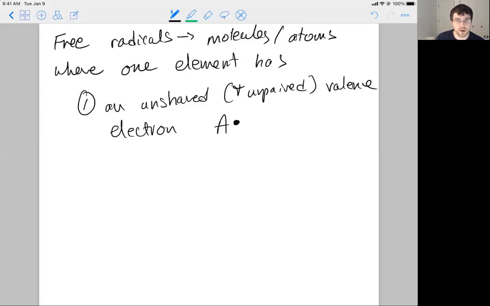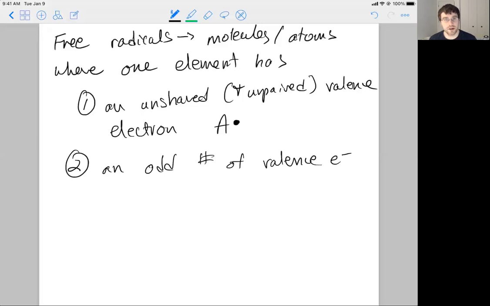I'm sure many of you have heard of free radicals in the context of health and that sort of thing, and that's exactly what they're talking about. There are important free radicals out there. Oxygen, it turns out, is actually a free radical, and we harness the energy of its free radical to do the oxidative processes in our body. And number two, these elements then have an odd number of valence electrons.